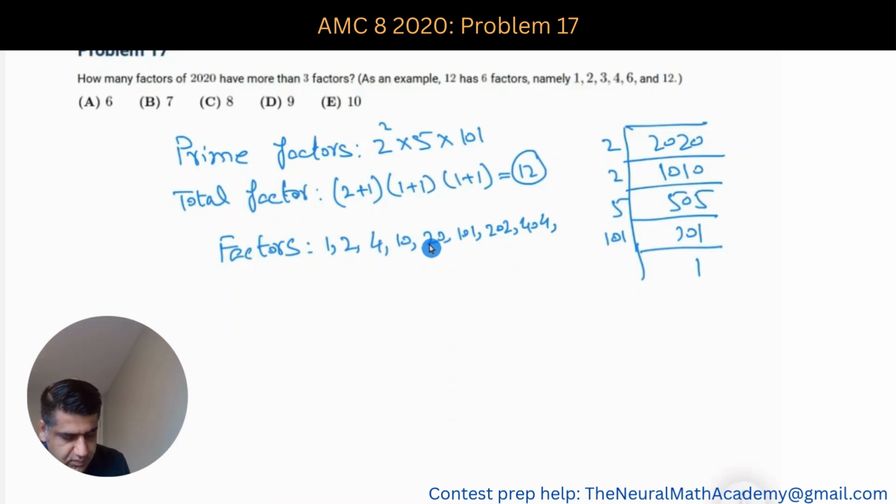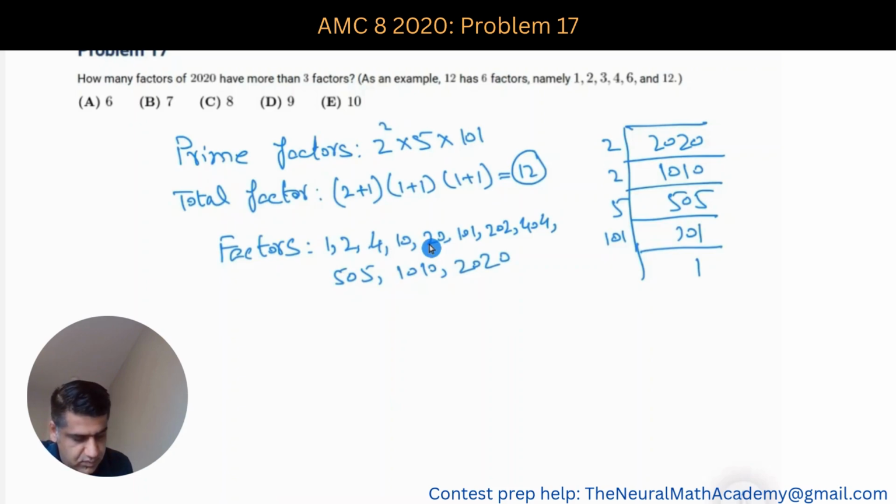Similarly, I will have 505, 1010, and 2020. So let me count: 1, 2, 3, 4, 5, 6, 7, 8, 9, 10, 11.